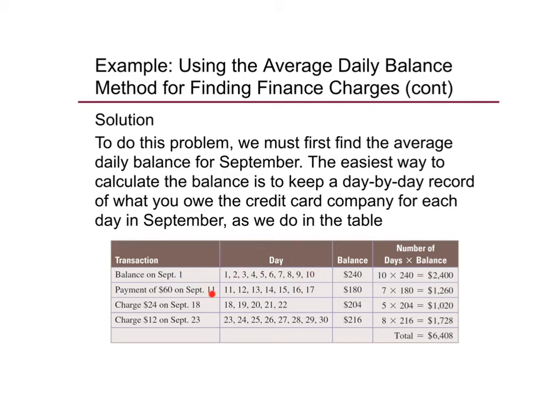That was the balance. It stayed that for 10 days. Then on the 11th, we made a payment of $60, okay? So that's why the balance went down. $180 times 7 days. 1, 2, 3, 4, 5, 6, 7, okay? 7 times 180 is $1,260. $24 charge on September 18th, $12 charge on September 23rd. So the 18th, 19th, 20th, 21st, 22nd, the balance was $204 for all 5 of those days.